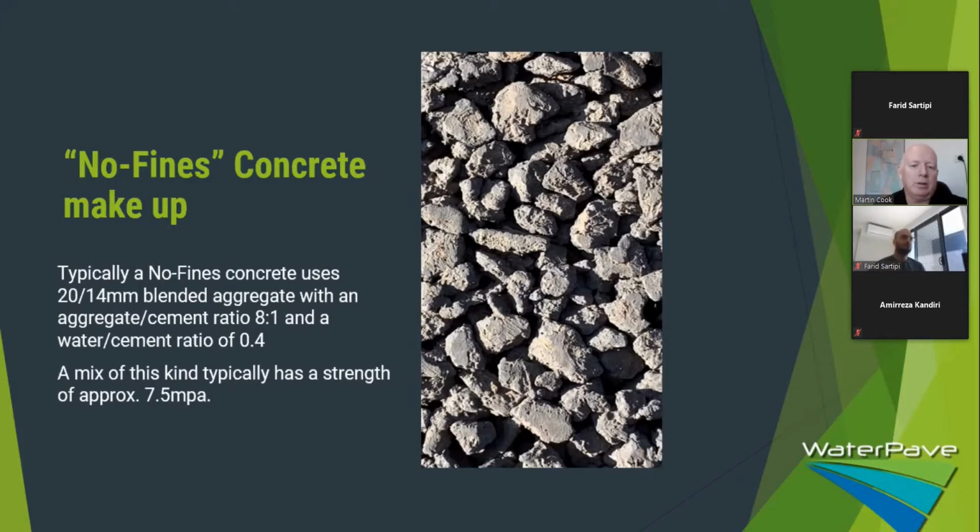If no fines concrete is used in the wrong environment, it can go pretty pear-shaped pretty quickly. You'll see that as I move through the slides, down the track further.